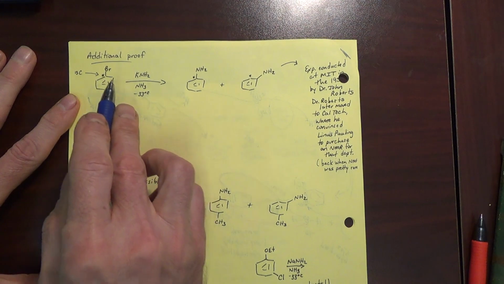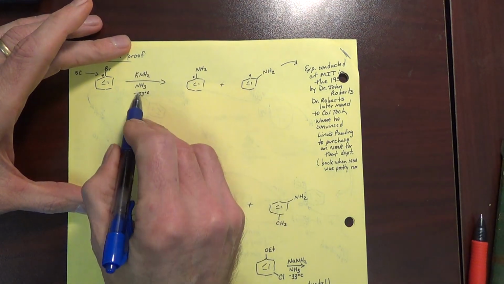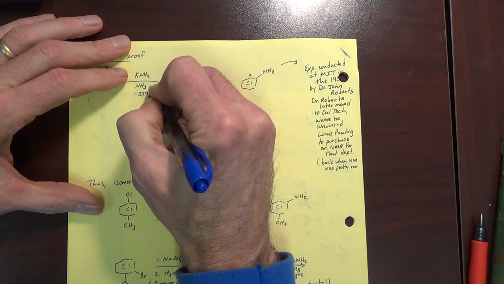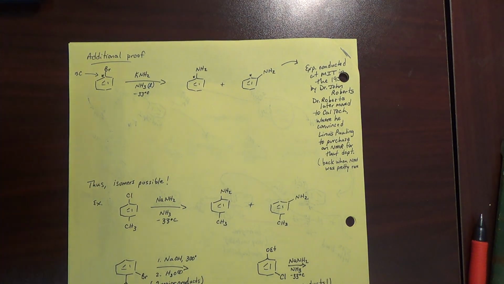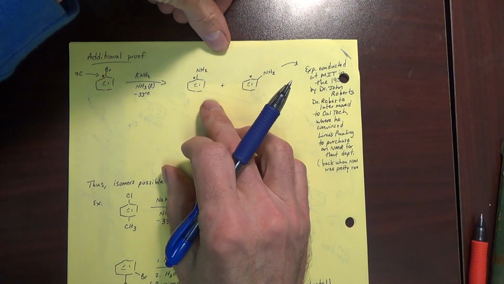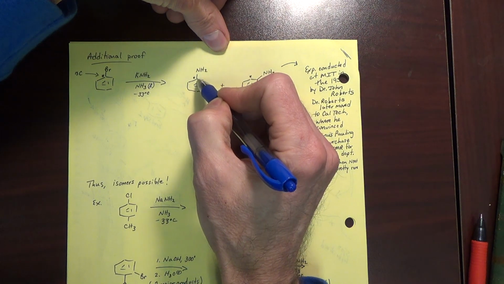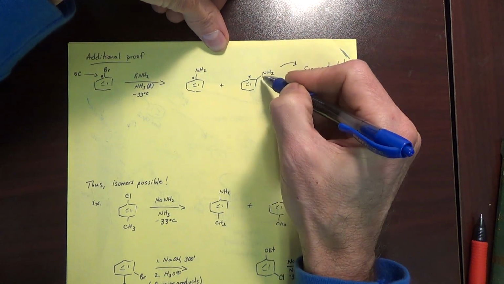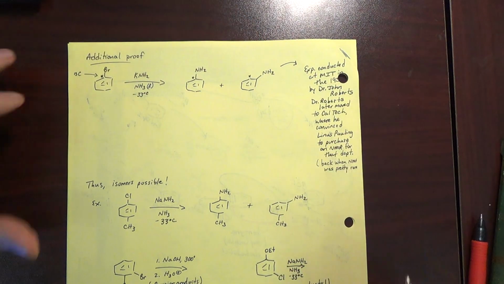He reacted this molecule with potassium amide, that is the anion of ammonia, in liquid ammonia at -33 degrees. And he got two products. One of the products, the amine, was bonded to the labeled carbon. In the other product, it was somehow next door to the labeled carbon.